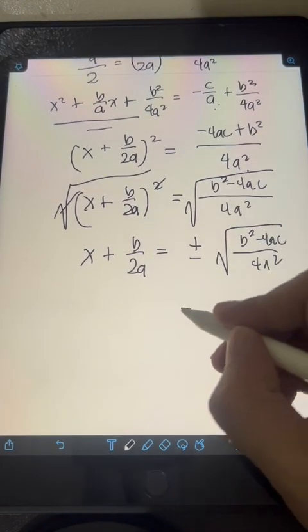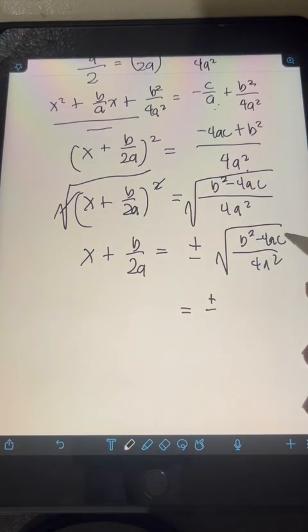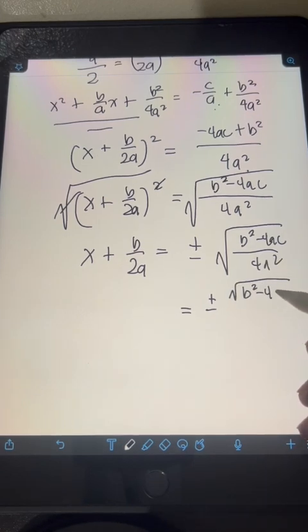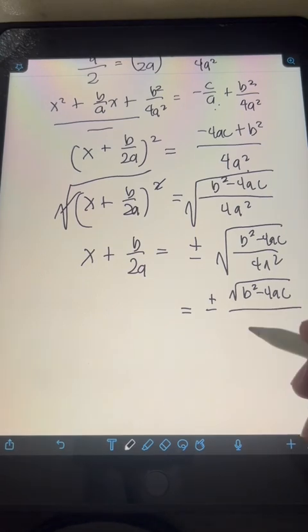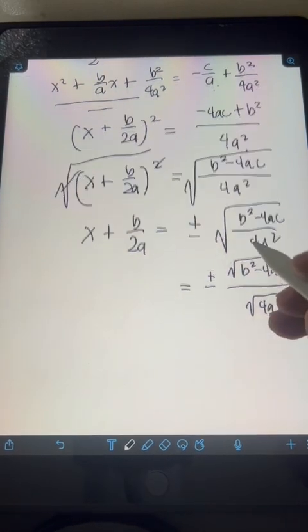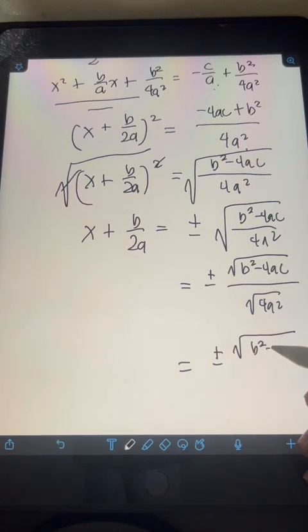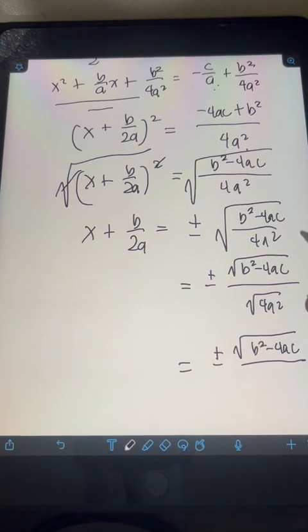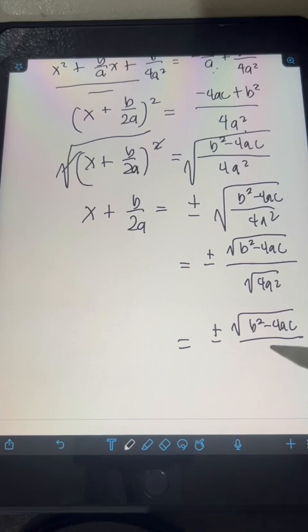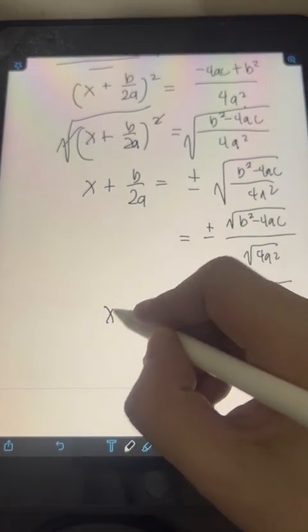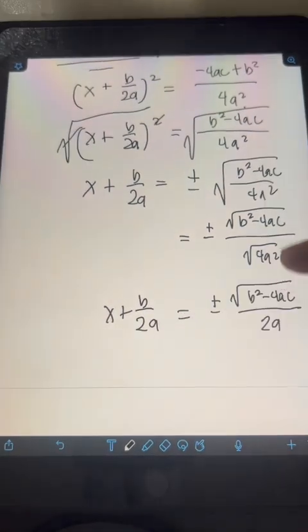And then we can distribute this square root symbol on the numerator and the denominator, so we will have plus minus square root of b squared minus 4ac over the square root of 4a squared. Simplifying, we have plus minus square root of b squared minus 4ac over 2a, and just copy the left side, x plus b over 2a.